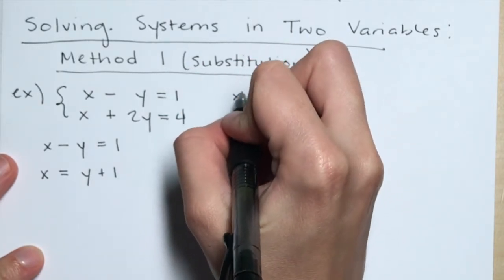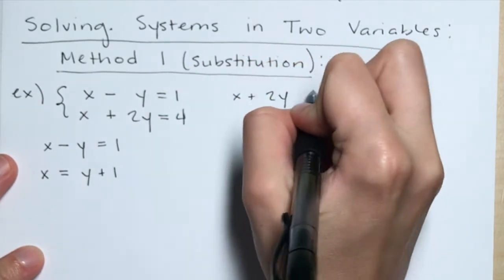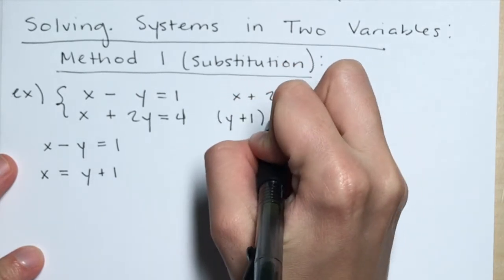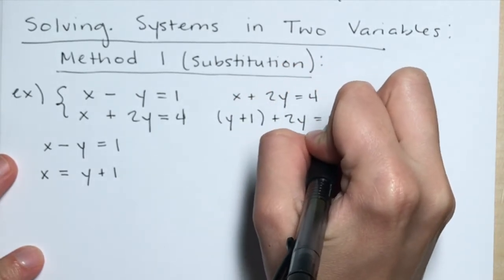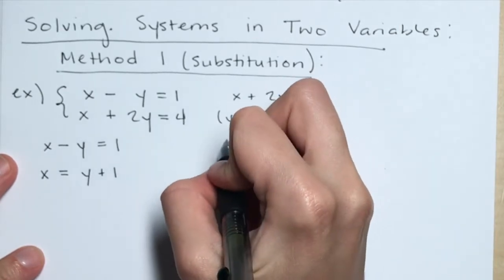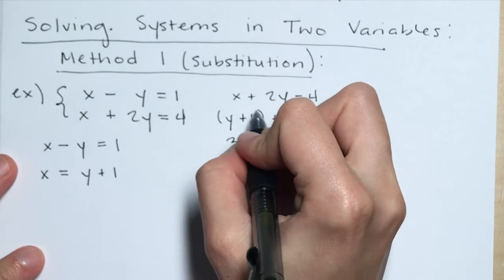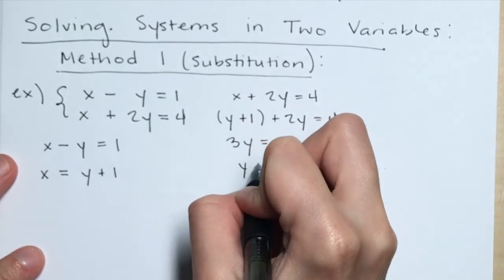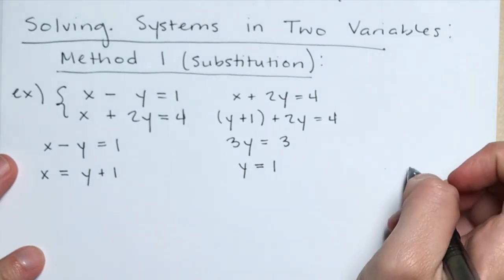So we have y plus 2y, so 3y. And then let's bring this 1 to the other side, so 3. So we end up with y equals 1.